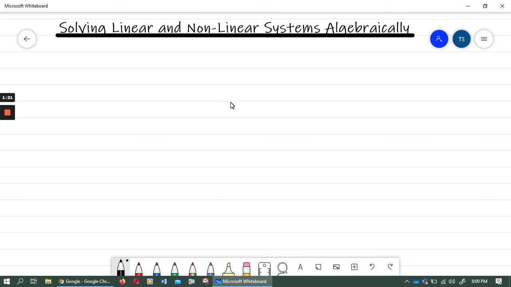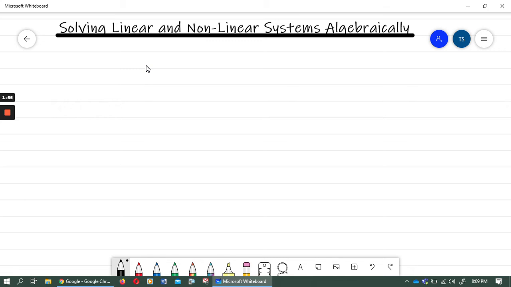Alright, so we're going to start by discussing the systems of linear equations. First off, you should recognize the word linear. It sounds like line, right? We've talked about linear equations and linear functions. When we're talking about systems of linear equations, we're talking about a linear equation that forms a straight line on your coordinate plane.